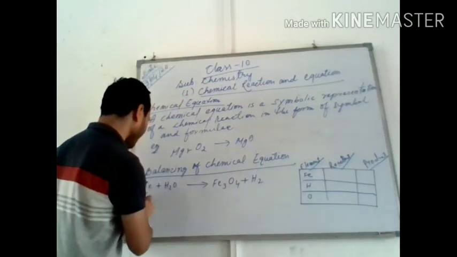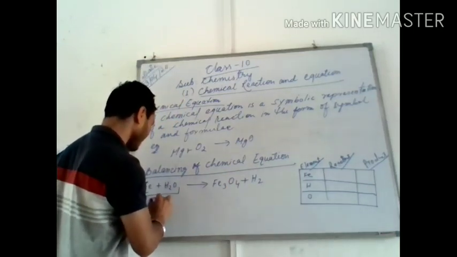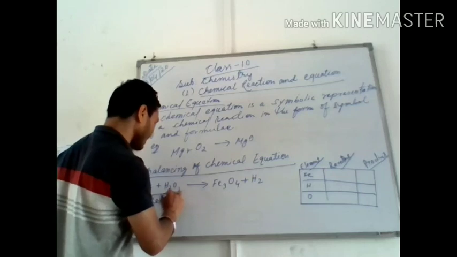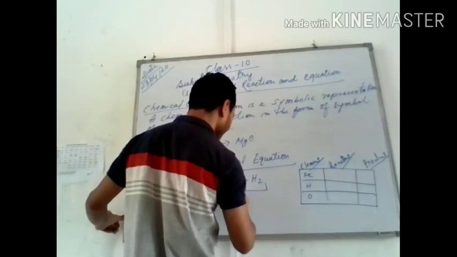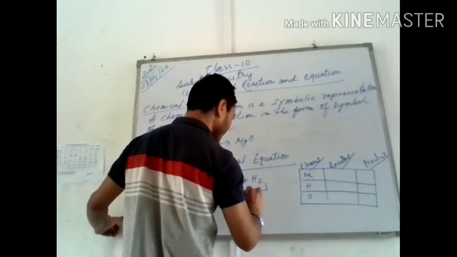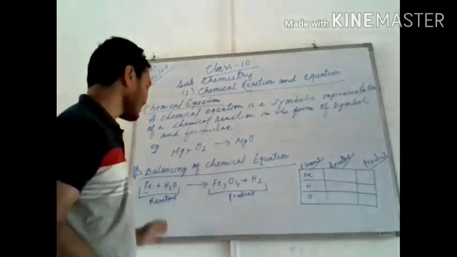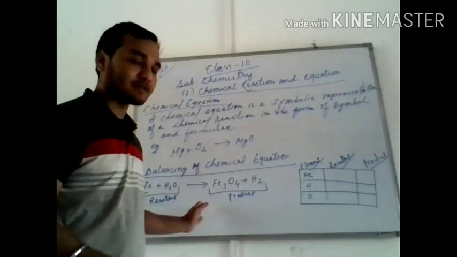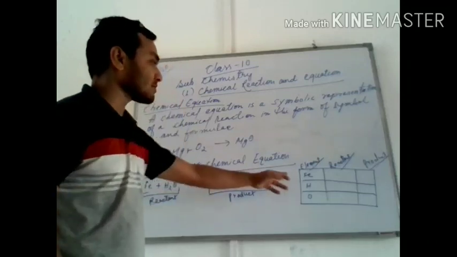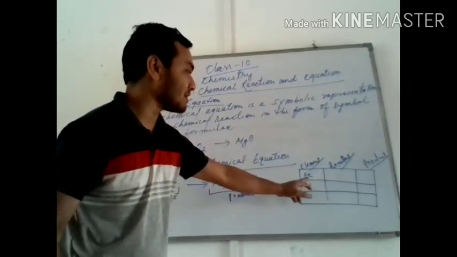So I will write for you all. These are the reactant and these are the product. Whatever we get after the reactants react is known as product. For this purpose, you make a box in this way.